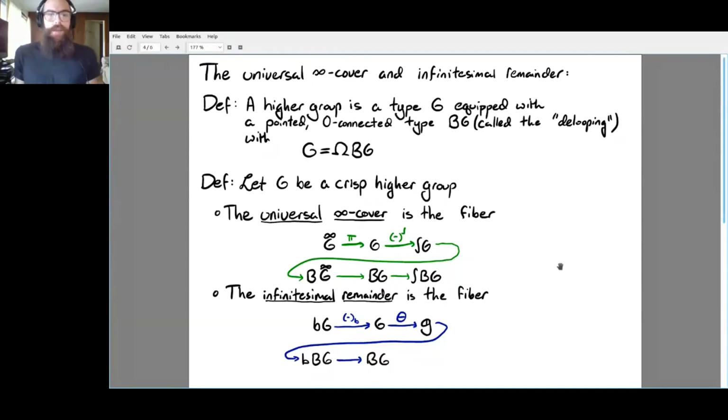And so the fiber of shape G is going to be contractible in the sense that shape of it will be the point. And that's because shape is a modality, and the fibers of modal units are always modally connected. And so this is a contractible type that sort of covers G, and it in fact has a very nice property, which is that it has a lifting property against shape equivalences or weak homotopy equivalences.